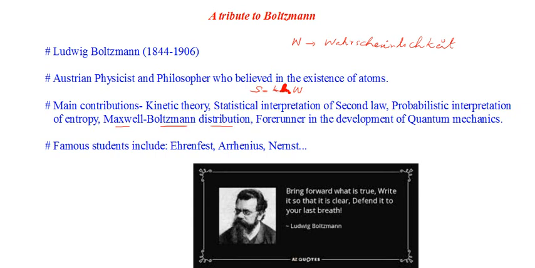And when we speak about Boltzmann, we cannot forget some of his students who are very familiar to us. One is Ehrenfest himself. We have discussed Ehrenfest, his contribution in the classification of phase transitions into two categories: the first order phase transition and the second order phase transition.